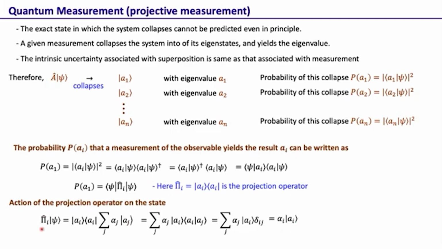So this projector pi I acting on psi basically yields this state AI. So the projection operator projects and collapses the system into one of the eigenstates. So that's what it means, and that's why we call it a projection operator. That's the projection operator corresponding to the operator A, and there will be n such operators if the dimensionality of that operator is n.